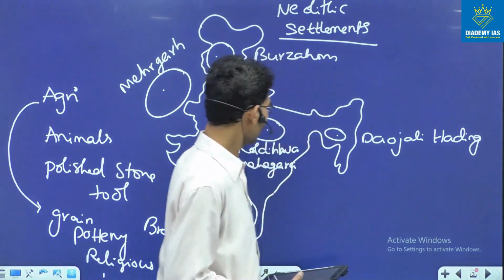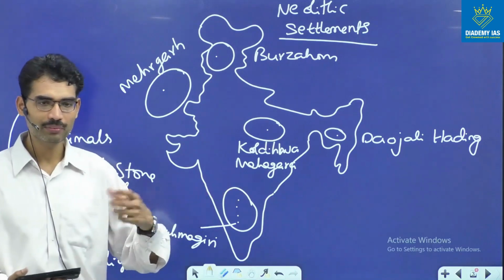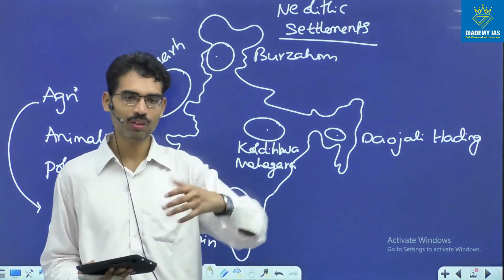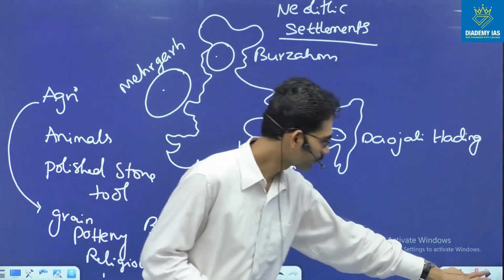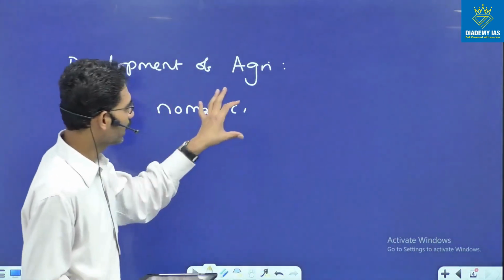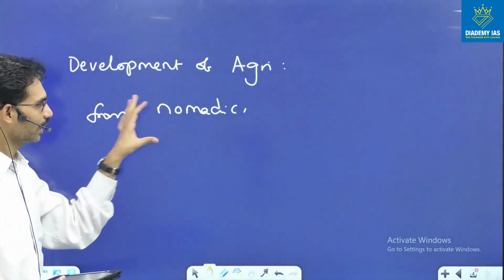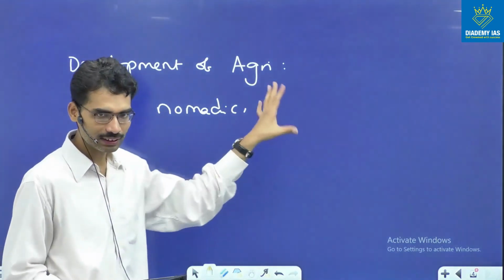Now you see, we know agriculture, but how we frame the sentence in the answer is one way of writing it. Comparing with earlier, that was hunter-gatherer; this is the major characteristic of this period.